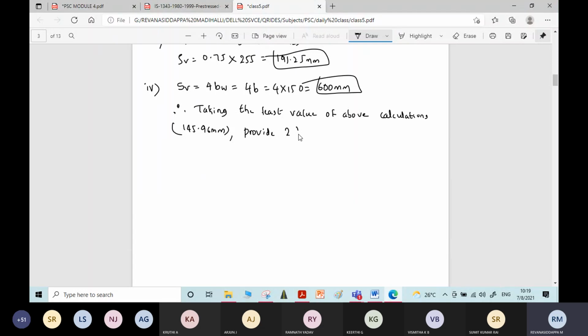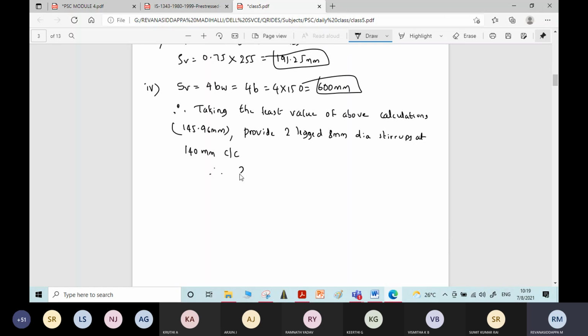Provide two-legged 8 mm dia stirrups at 145. You can provide at 140 mm center to center. Okay.